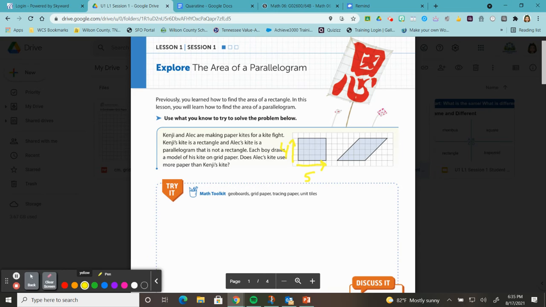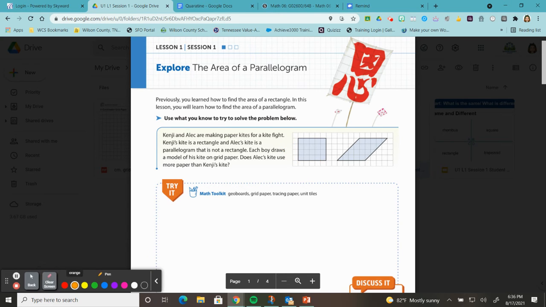A box that has a 5 by 4 array inside of it would be 4 times 5. So this would be 20 units squared. So Kenji's kite uses 20 units.